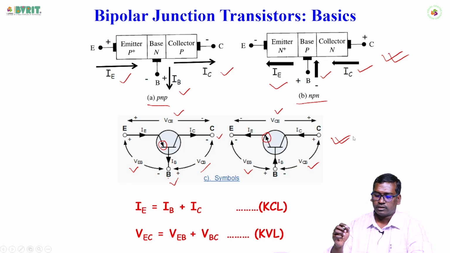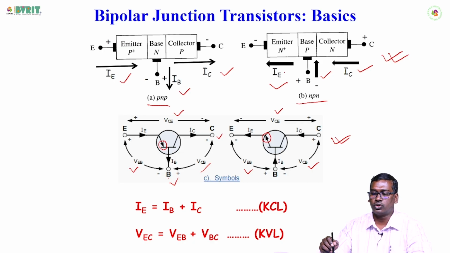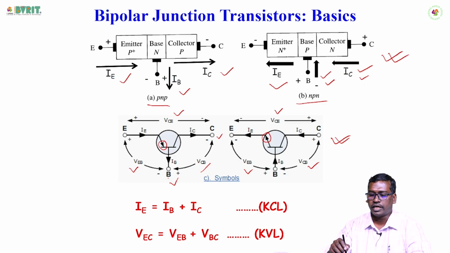If you apply the KCL, Kirchhoff's current law, to a transistor, we can see the relation I is equal to IB plus IC. If you see the NPN transistor, I is leaving.